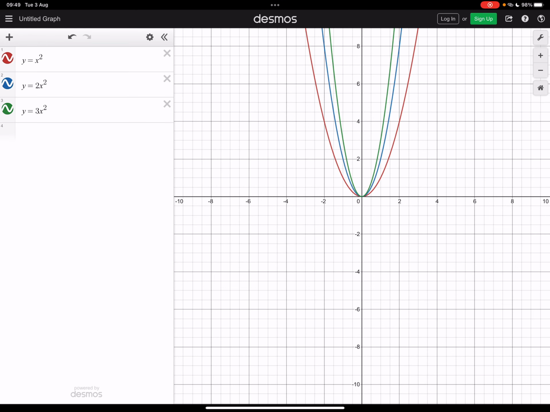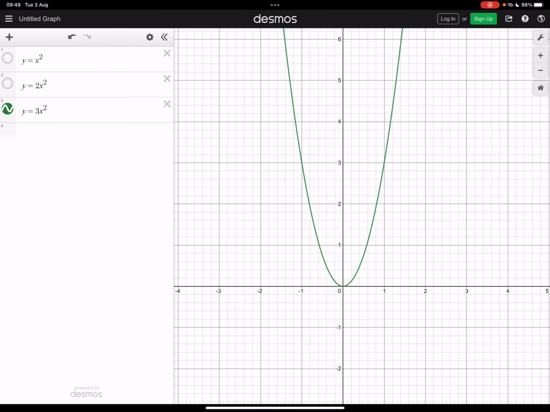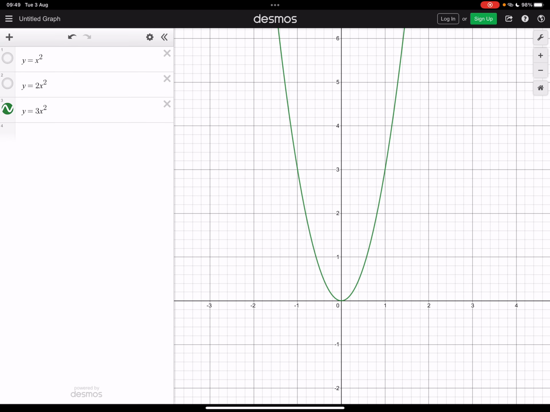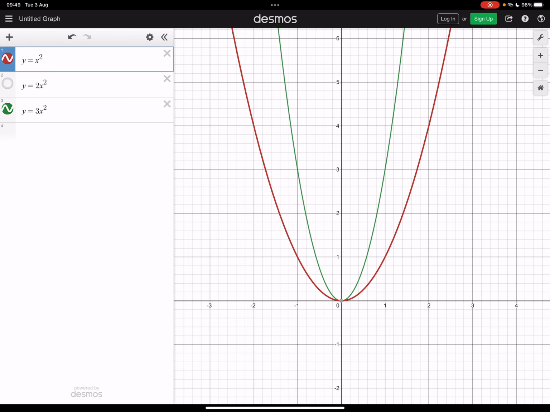That's the one right here. And here is y equals x squared, which is just our standard equation for this form. You can see when we put 3 in front in the a position, it got narrower.